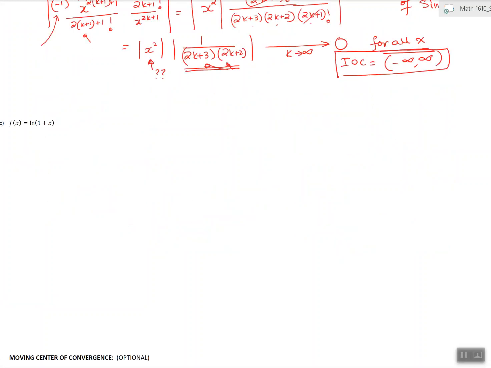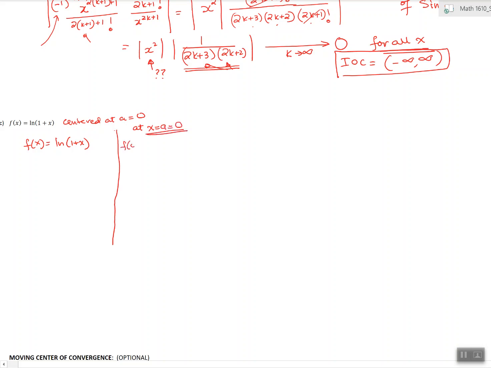Okay, let's continue with the final practice example. So the function is log of 1 plus x, centered at a equals 0. So again, let's start with our function and then find the values at x equals a equals 0.